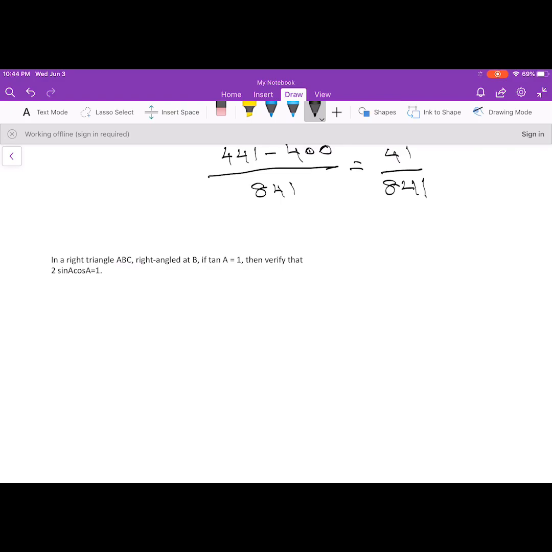Our fourth example is: in a right angle triangle ABC, right angled at B, if tan A is 1, then verify that 2 sin A cos A is 1. So what is given is a right angle triangle ABC, right angled at 90 degrees at B, and the given data is tan A is 1.